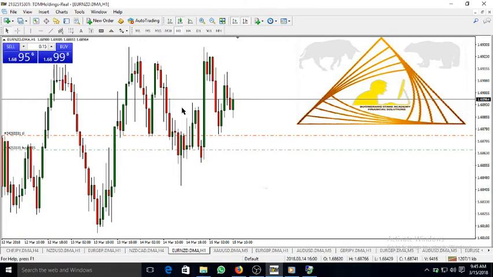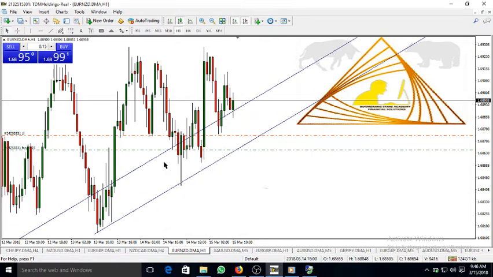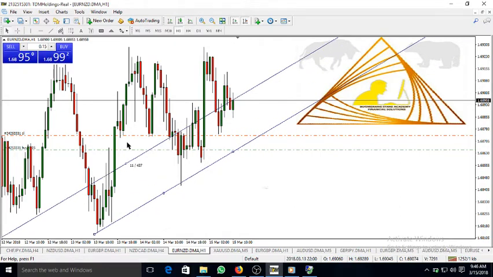So the first thing is to determine what kind of trend you are having. For me, we are having an upside here because green candles are much longer than your red candles. So I'm having an uptrend. So I'll draw these trend lines to determine the direction of the trend.